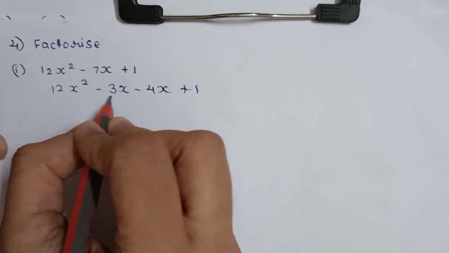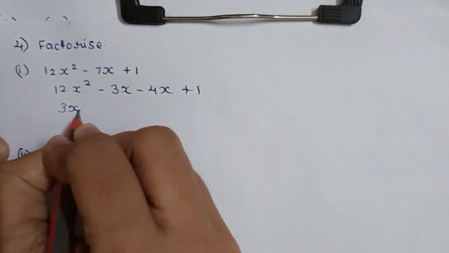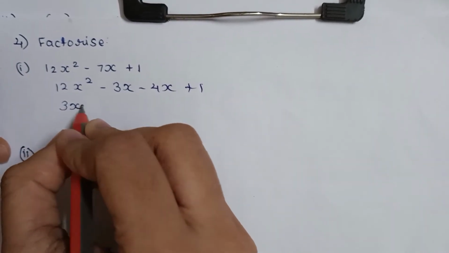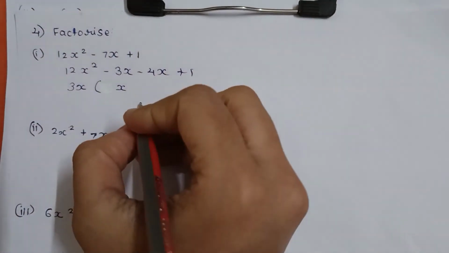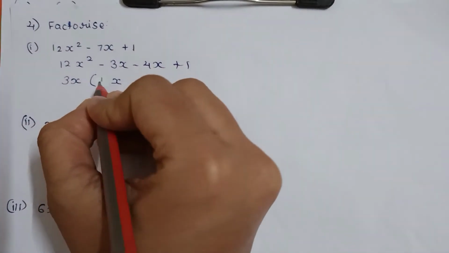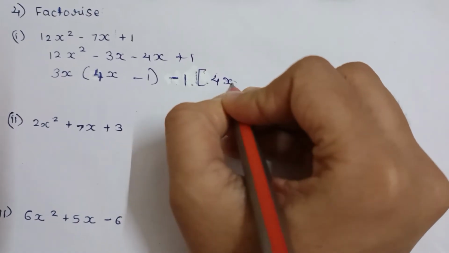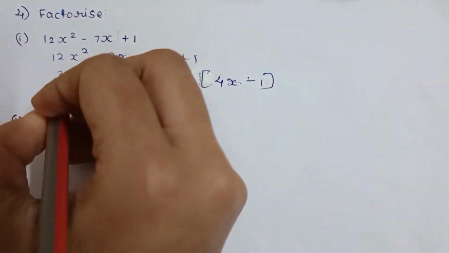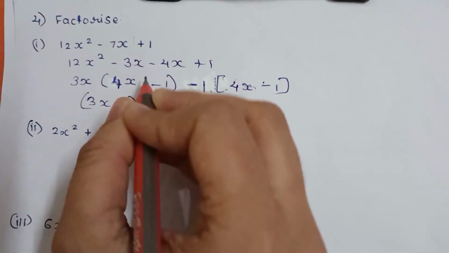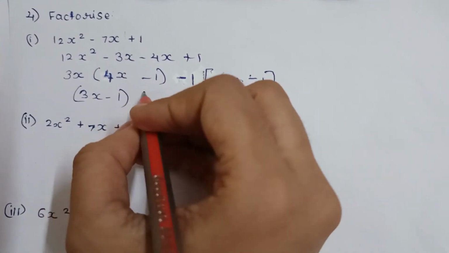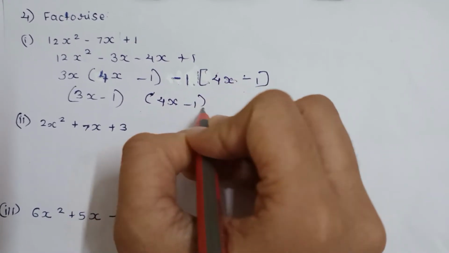Here we will take common outside, 3x and x outside the bracket. 3x multiplied by 4x minus 1, minus 1 times 4x minus 1. Now 3x minus 1 in bracket and 4x minus 1. 4x minus 1 is the same, so we will write it only one time. So the answer is 3x minus 1 times 4x minus 1.